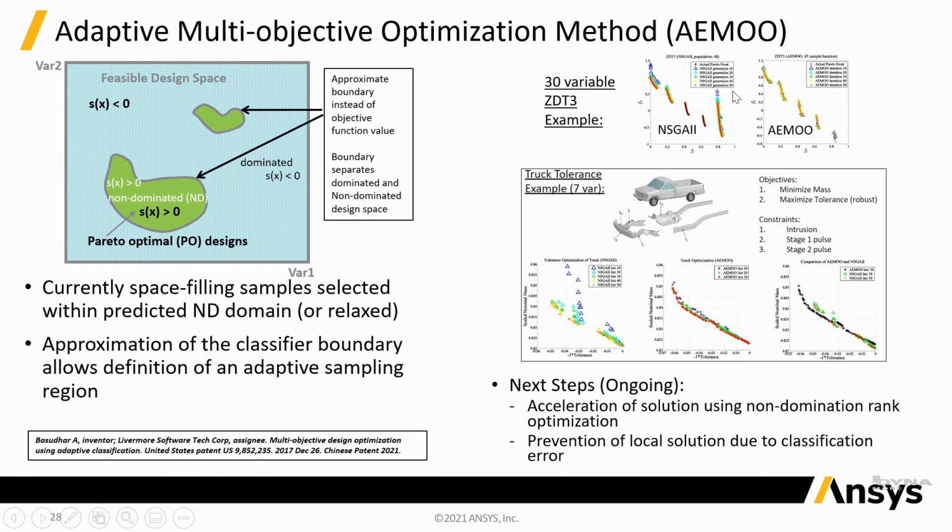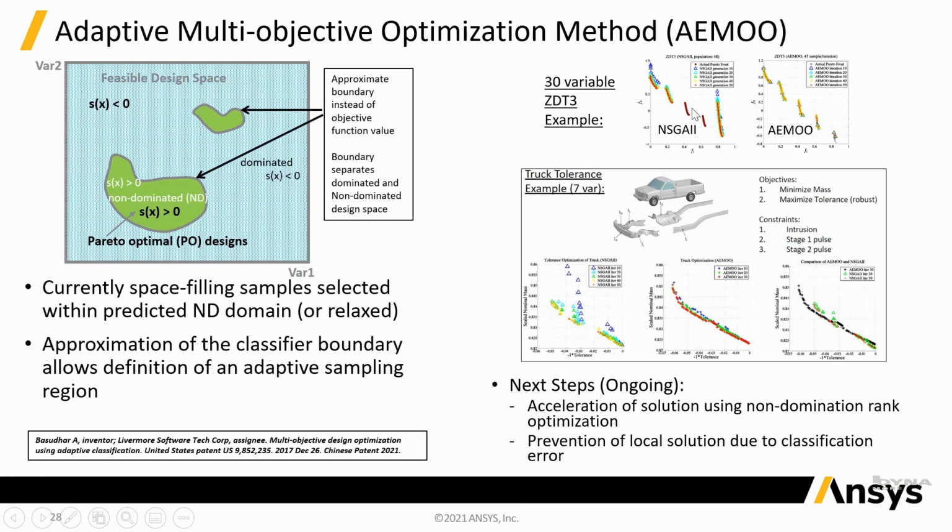And here you can see two examples. At the top here, we have a standard ZDT3 example with 30 design parameters. On the left, we have the result from NSGA2. And on the right, we have the AMU result, which is the classifier-based adaptive multi-objective optimization method.